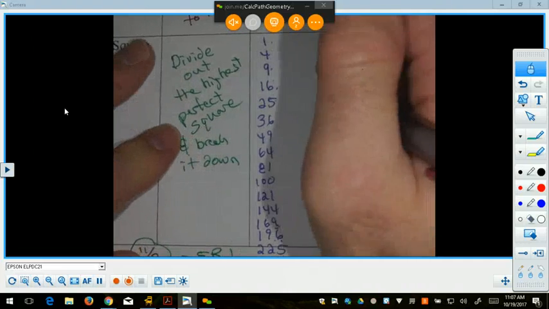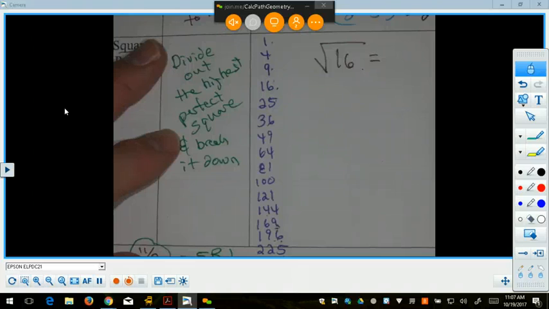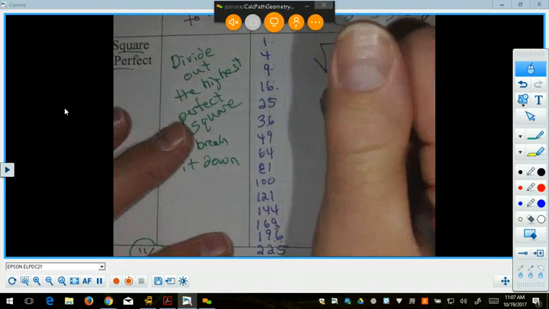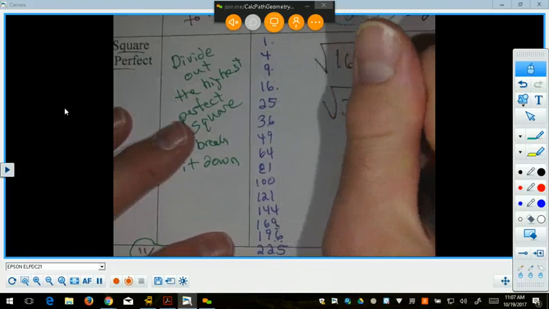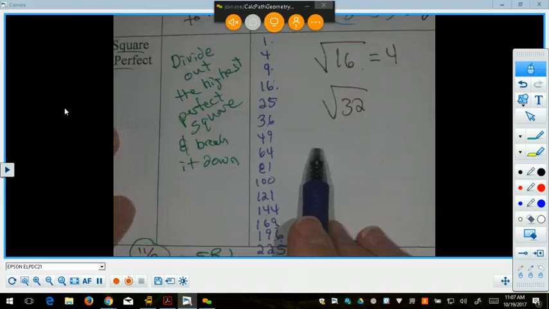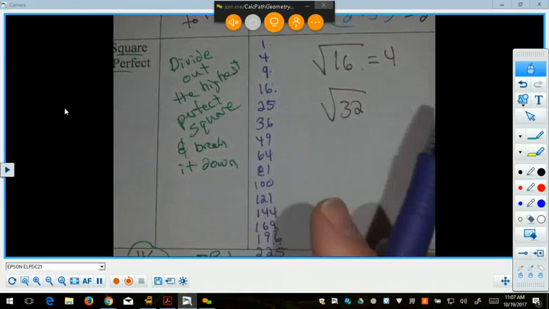So here's the thing. If I ask you for the square root of 16, that's pretty obvious. What's that? 4, because 4 squared is 16. But if I ask you for the square root of 32, a lot of you are like, well, that's not a perfect square, I'll do prime factorization. I'm not doing prime factorization.